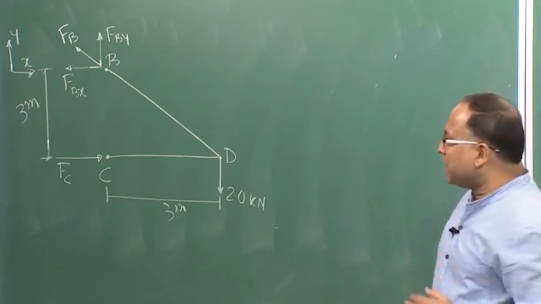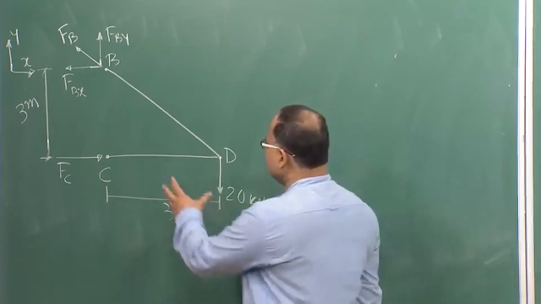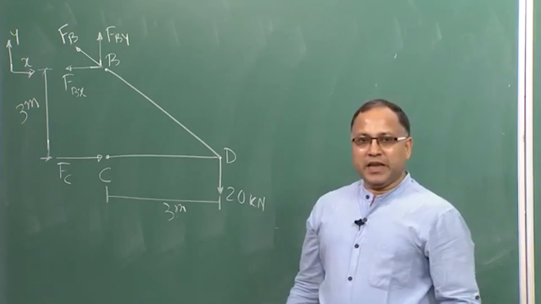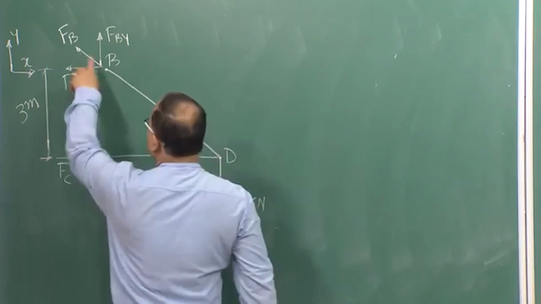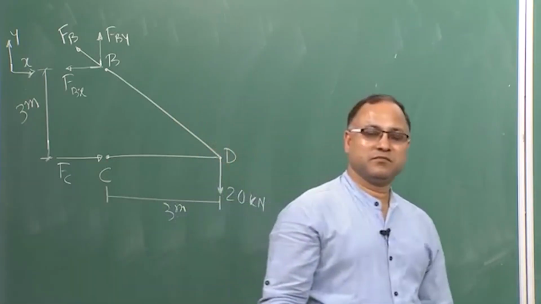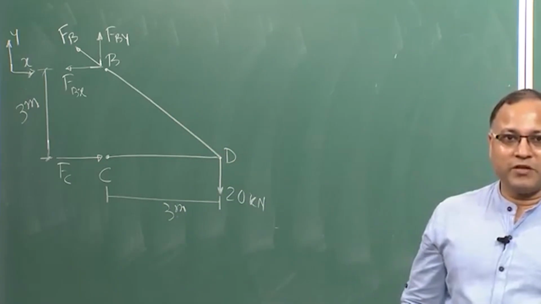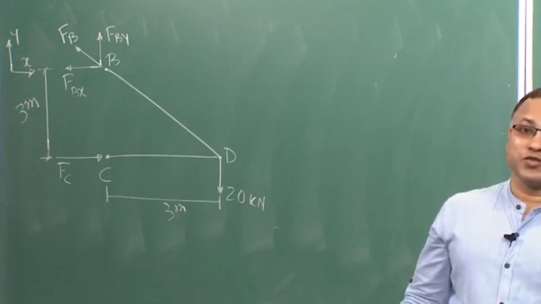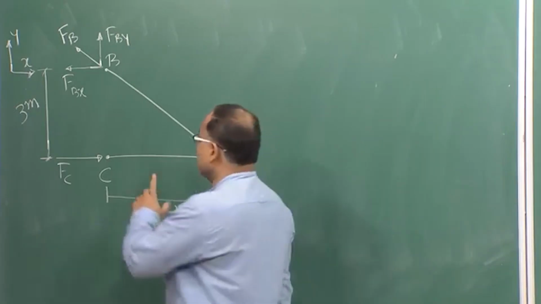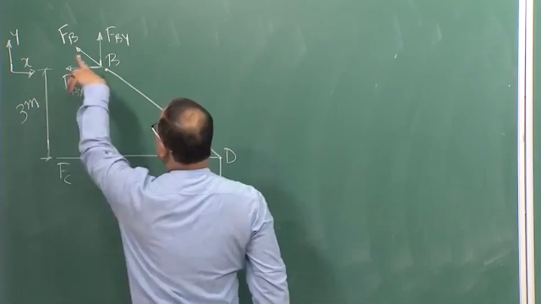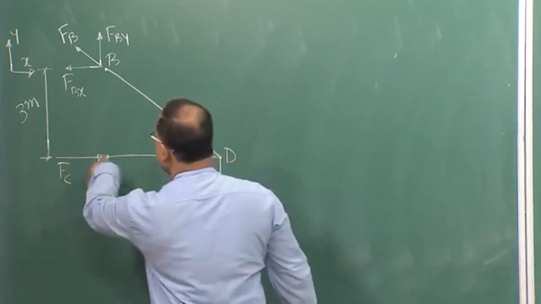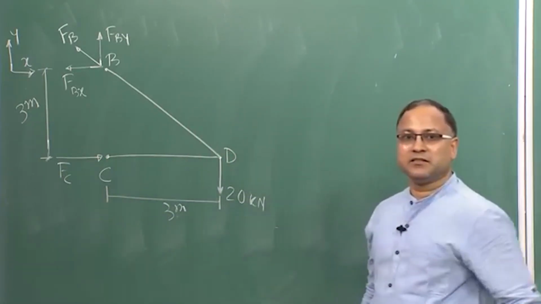Now, if CD as well as BD are two force members, then the reaction force will be acting along the axis of the member, yes or no? We have already seen that when we discussed two force members and three force members. Now, this FB will be acting along the line BD and FC will be acting along the line CD.